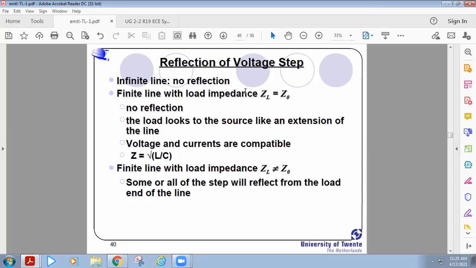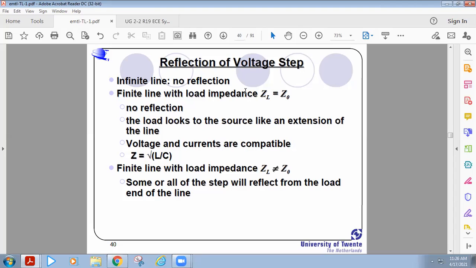If the line is finite and the load impedance is ZL, and the destination end is terminated with ZL, for suppose the termination is equivalent to the line characteristic impedance Z naught. What is the characteristic impedance of that line? It depends upon the primary constants, or RLGC parameters.